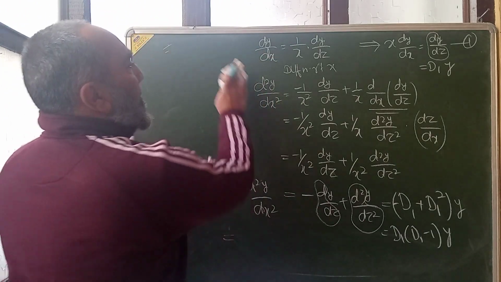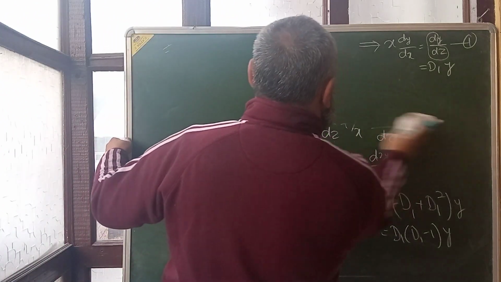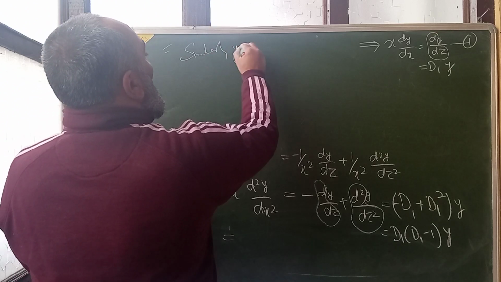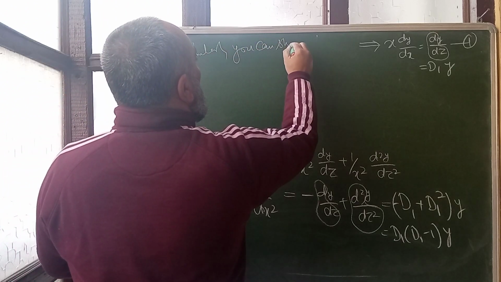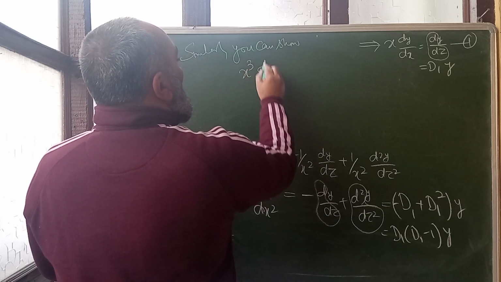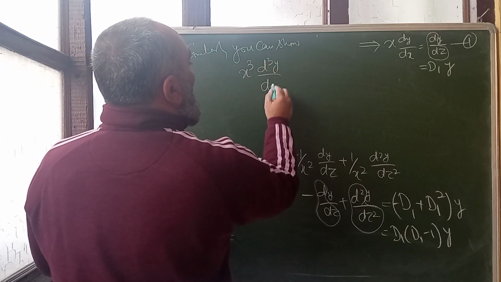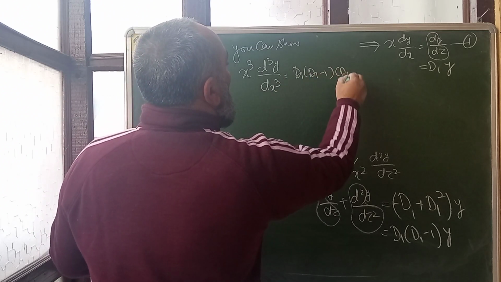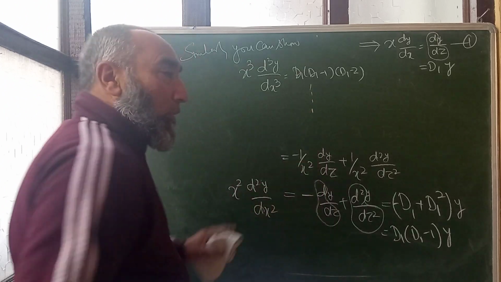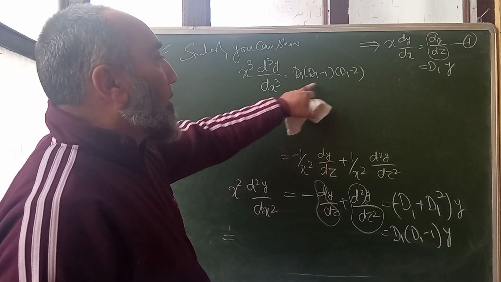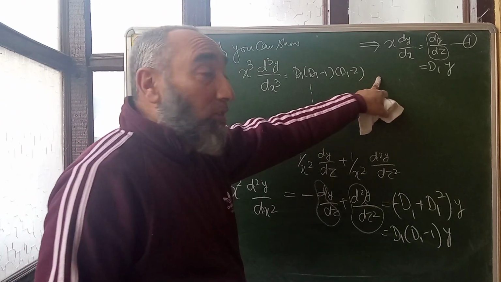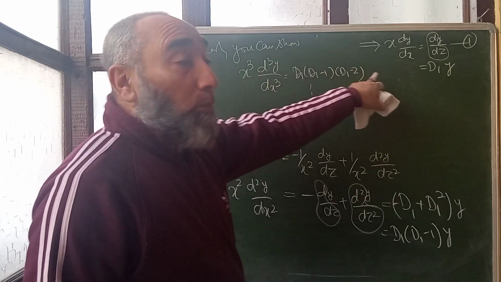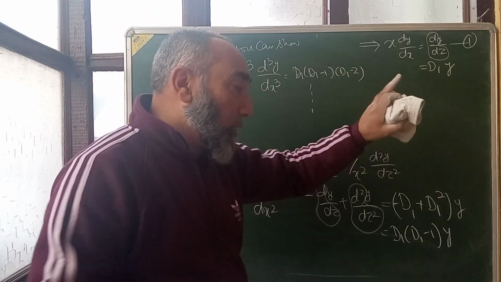Similarly, you can show that x cube d3y/dx3 is D1 into D1 minus 1, D1 minus 2, and so on. For x4 d4, it will be D1, D1 minus 1, D1 minus 2, D1 minus 3. X5 it will be up to 4, x6 it will be up to 5, and so on.